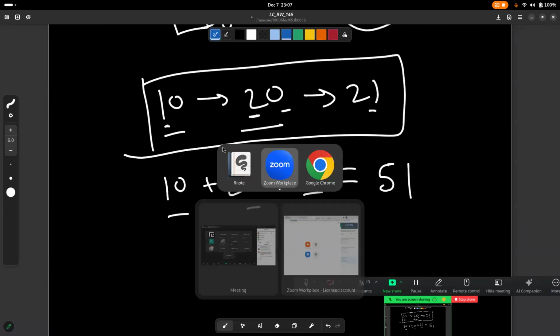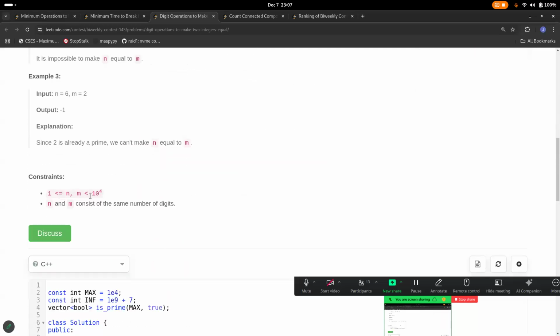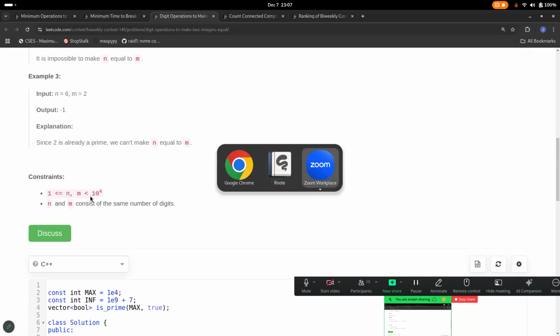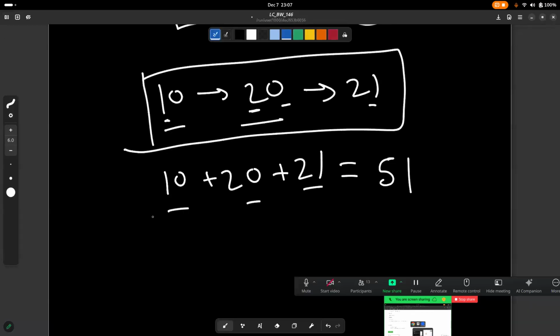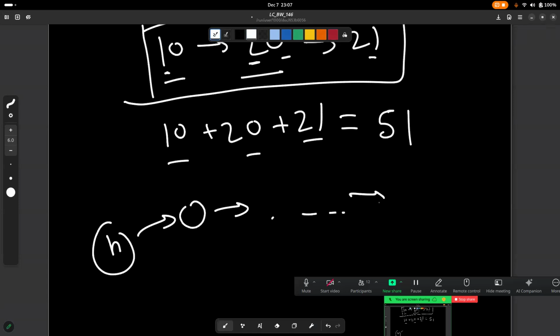Now, what we had to do over here is we were given these numbers n and m, and we basically had to find the minimum cost required to go from n to m. So from n, I go to something, then I go to something, and all the way up to m.